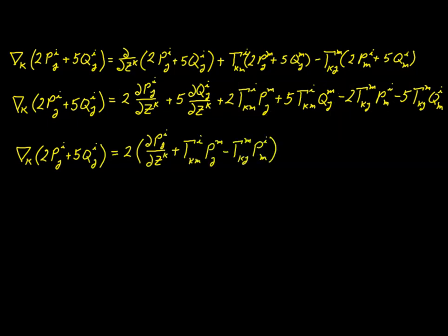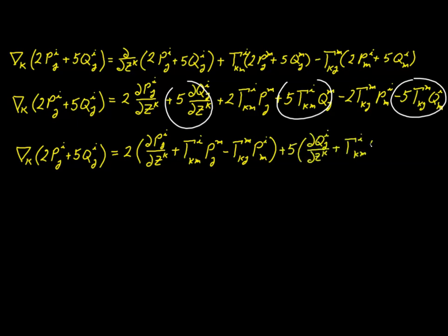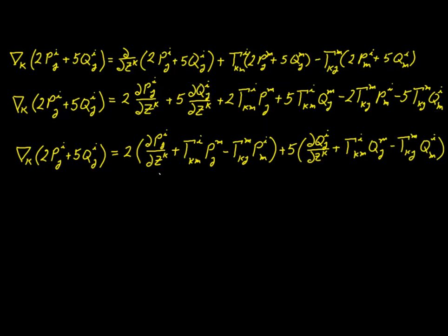And we can do the same thing for this term and this term. Well, now I expect you see what's happening. This expression is just the covariant derivative of P^i_j, and this is the covariant derivative of Q^i_j. Thus, our final result is as follows.